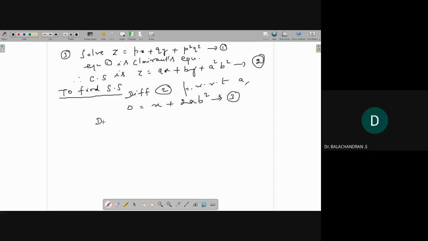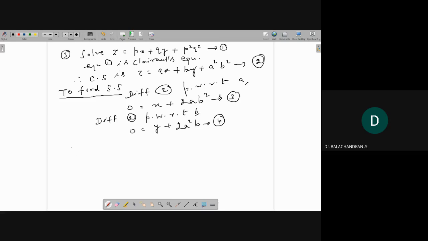Similarly, differentiate equation 2 partially with respect to b. So then you'll get 0 equal to y plus 2a square b. This is equation 4.